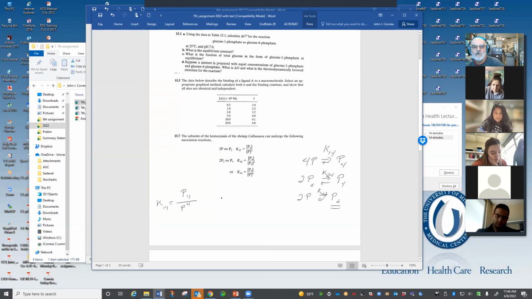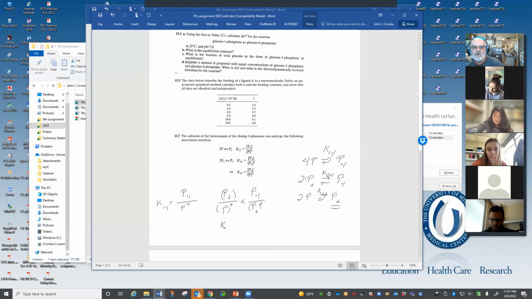okay, so K12 is P2 over P squared, and K24 is P4 over P2 squared. Okay, I'm not putting parentheses in here, so this may be a mess. All right, times this, but I need 2 dimers. So I've actually got to take K12 twice.